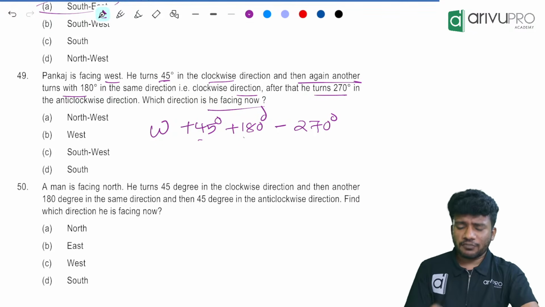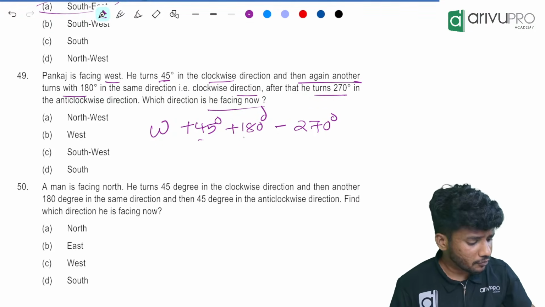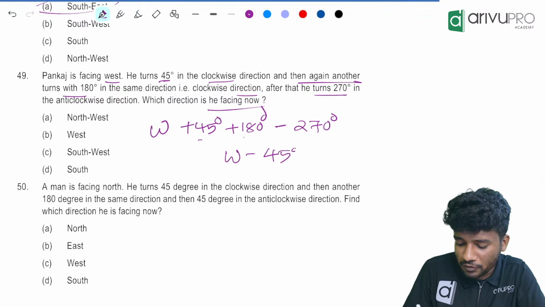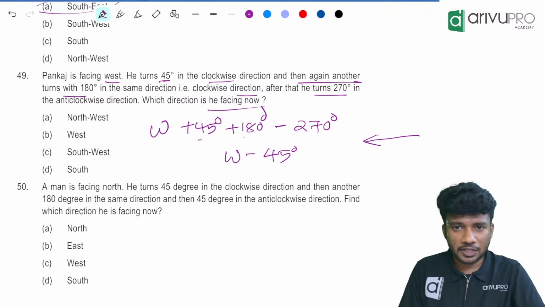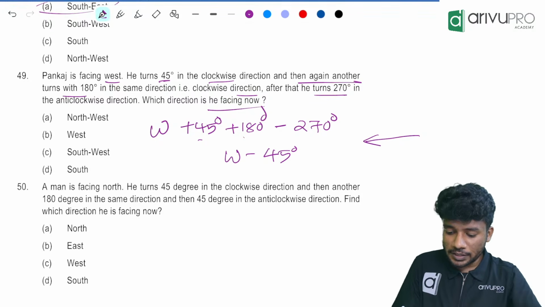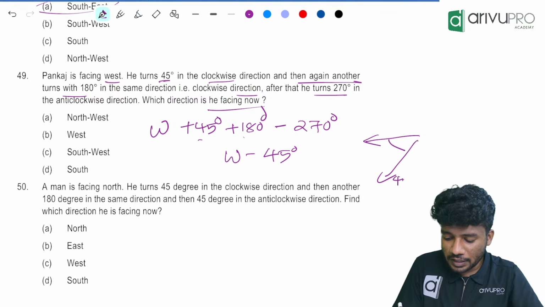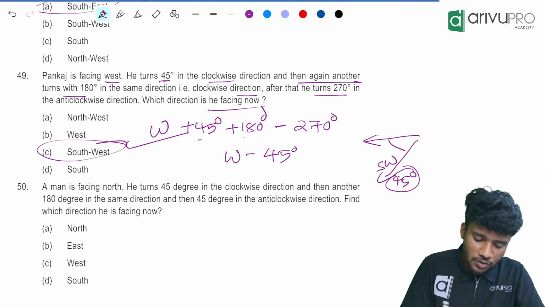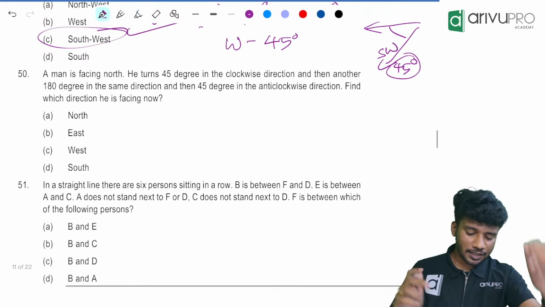Now 45 plus 180 minus 270 is equal to minus 45. That means west minus 45. So the person is looking this direction. Minus means anti-clockwise. Anti-clockwise 45 degree he is turning. Which direction is it now? Southwest direction. Option C.